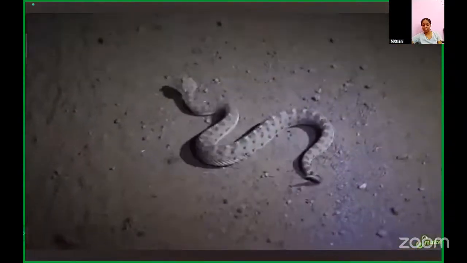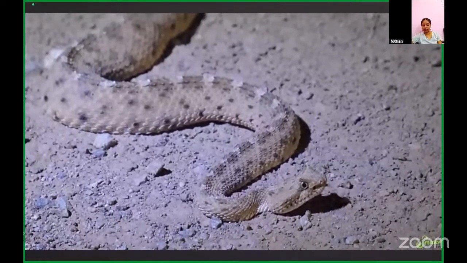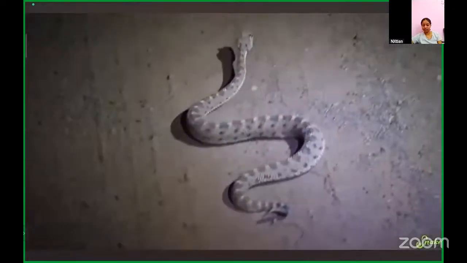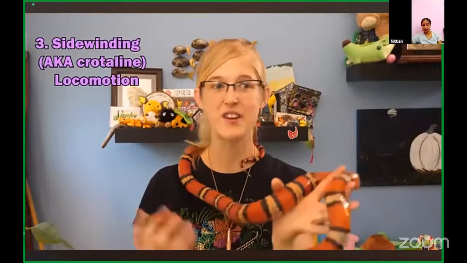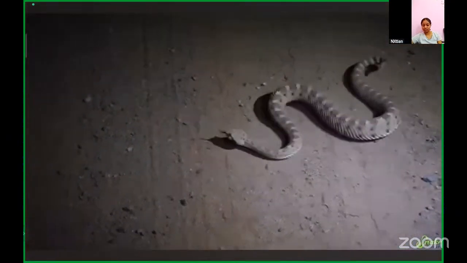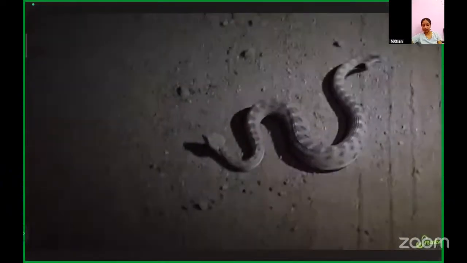Sidewinding is often seen in snakes that live in either very hot environments, since the movement creates minimal contact between their belly and the hot surface that they're traveling across, and it's also used in very slippery environments, like in very loose sands. The sidewinder, for example, uses sidewinding behavior to move itself forward in sand that it would otherwise not have a very good grip in.